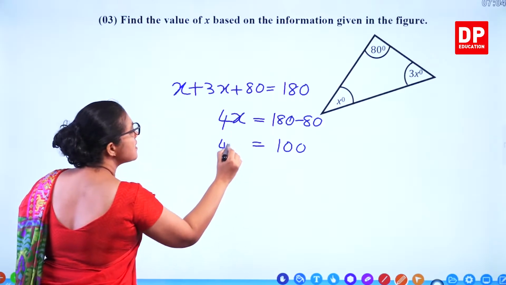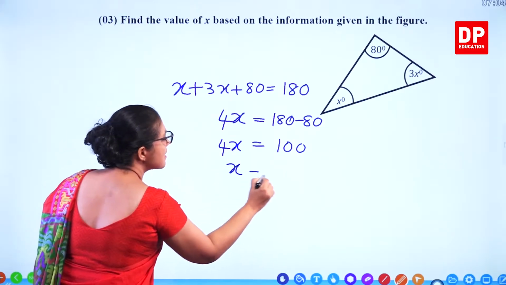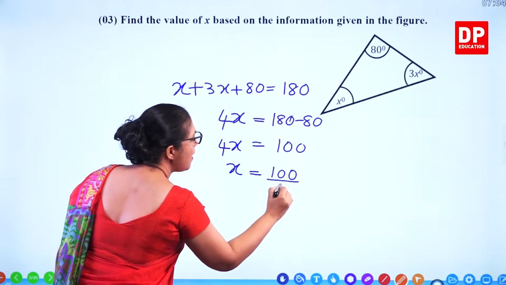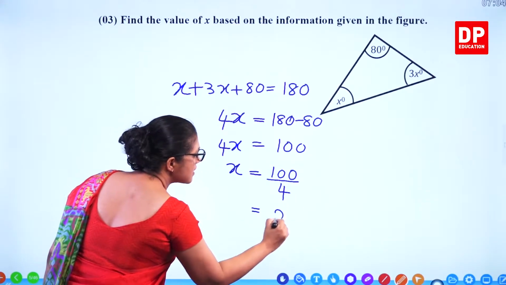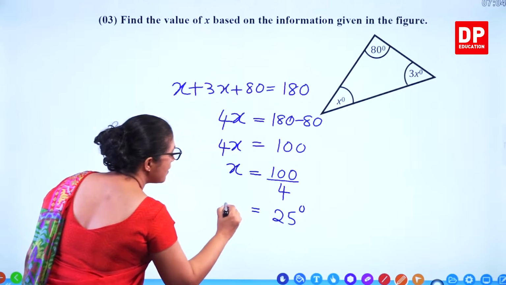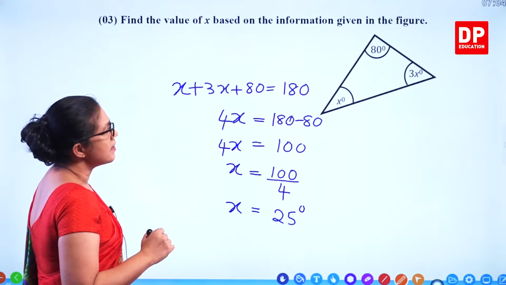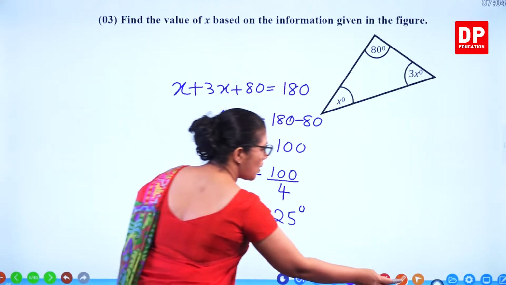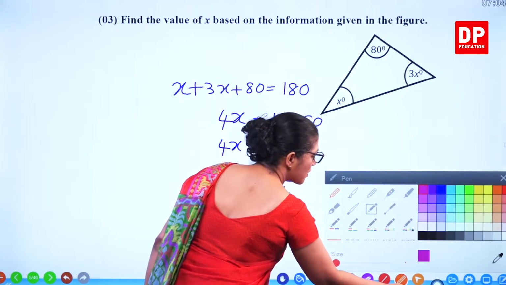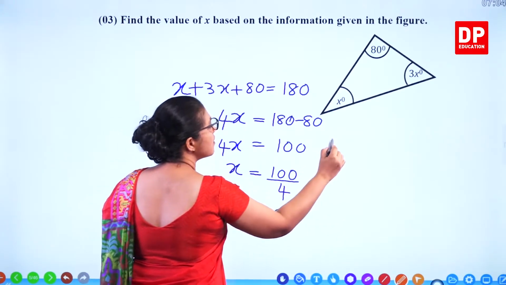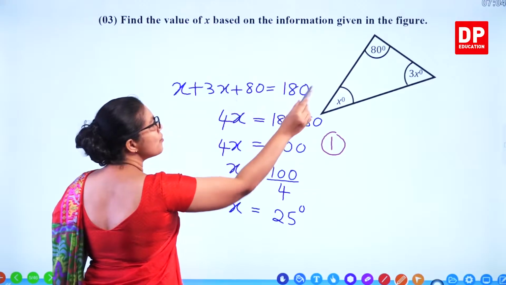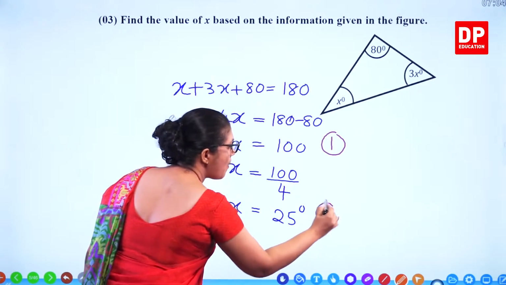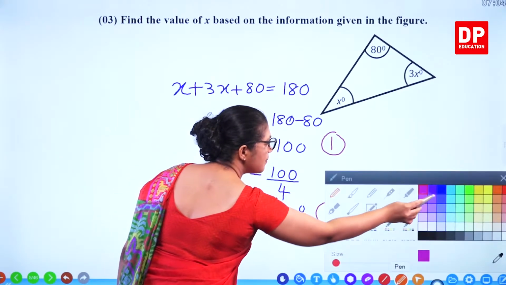So 4x is 100, which means x is 100 divided by 4, that's 25 degrees. That's the x value. So you get 2 marks: 1 mark to find out this relationship and 1 mark for the answer.